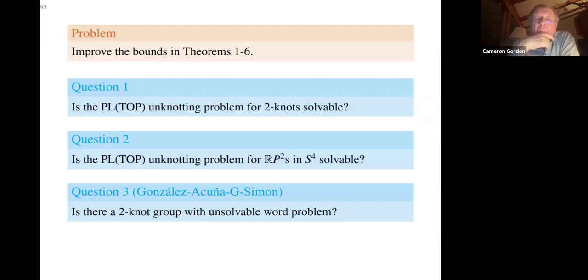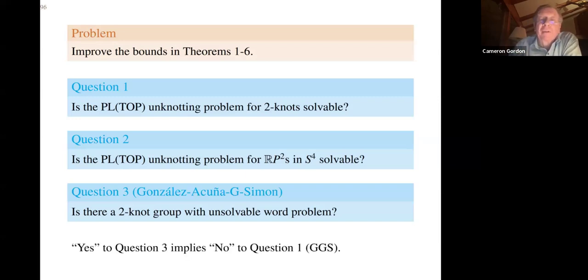Is there a 2-knot group with unsolvable word problem? I think it's a great question. We conjectured the answer is yes, but whatever, it's interesting either way. And as I said, the problem is that it's not really clear what class of groups 2-knot groups are. And again, one reason this would be interesting is that if there is such a thing, then you know that the unknotting problem for 2-knots would be unsolvable.